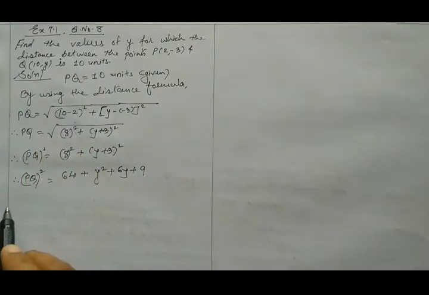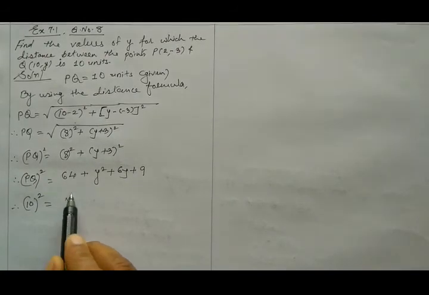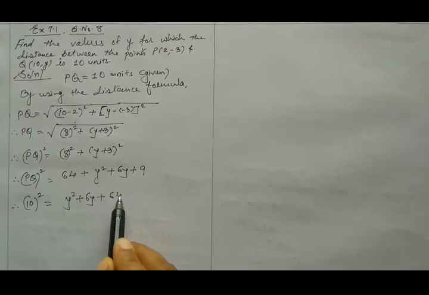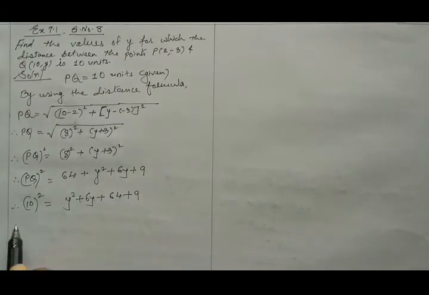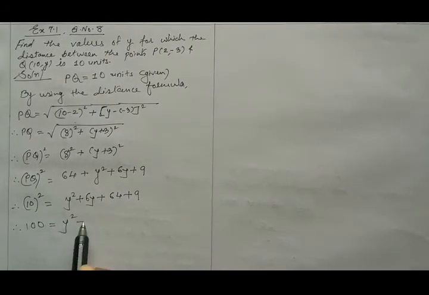What is the value of PQ? PQ is 10. Put it here, 10. So 10 square is equal to y square plus 6y plus 64 plus 9. So 100 is equal to y square plus 6y, 9 plus 4, 3, 73.